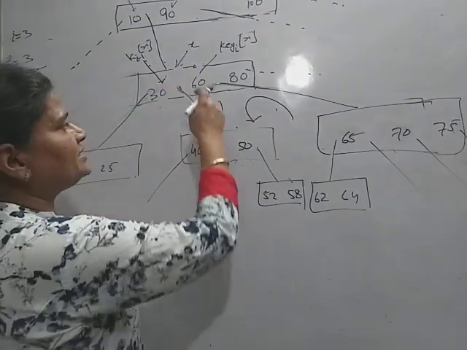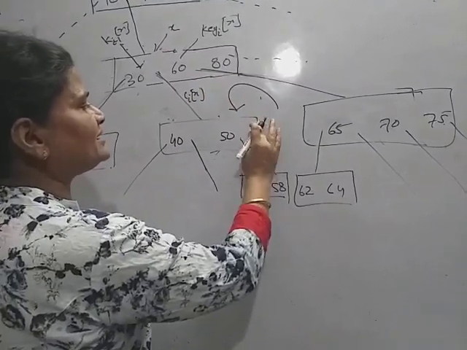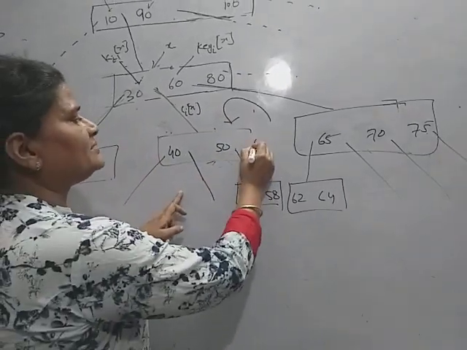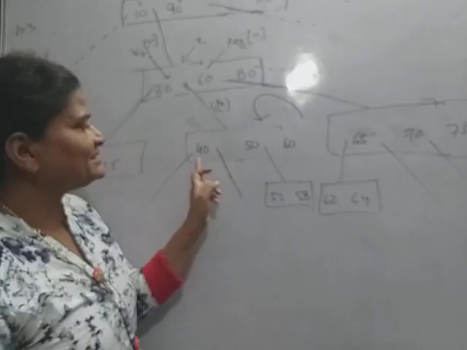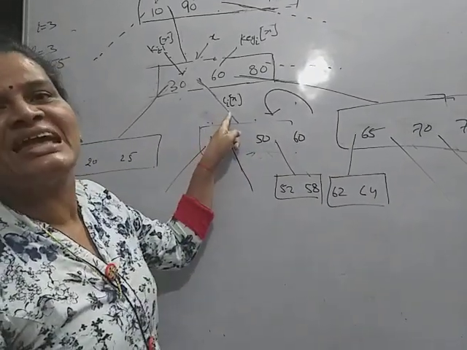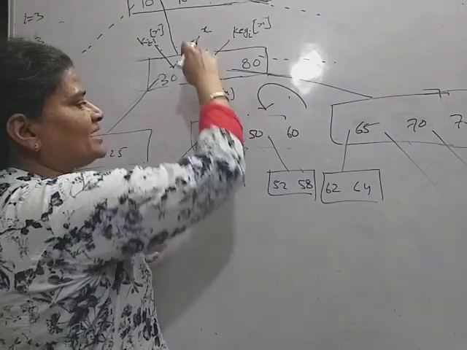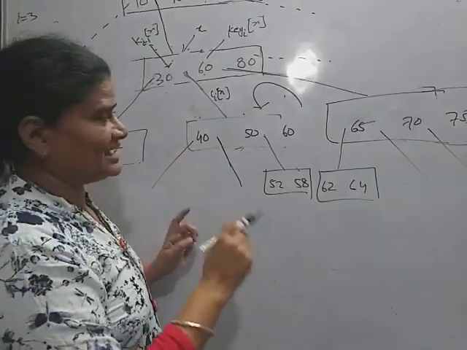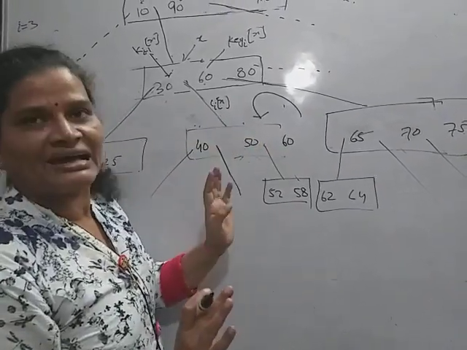Here the ith key will move and become the last key, or simply the tth key of CIX. So the ith key of X will be moved down into CIX, and that will become the tth key of CIX.